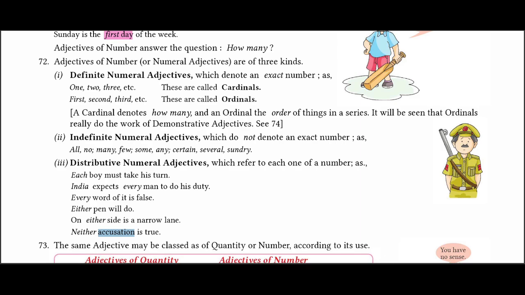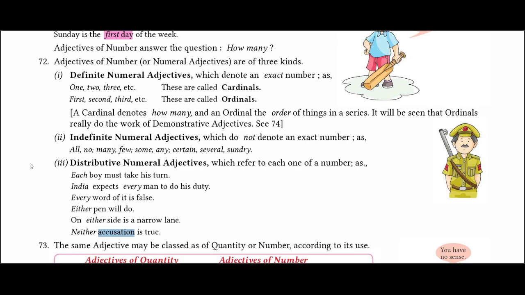So when an adjective comes along a noun and brings out the individuality of that noun and not the collective nature of the noun, we say that the adjective is used distributively, or this is a distributive numeral adjective. Each, every, either and neither are distributive numeral adjectives.